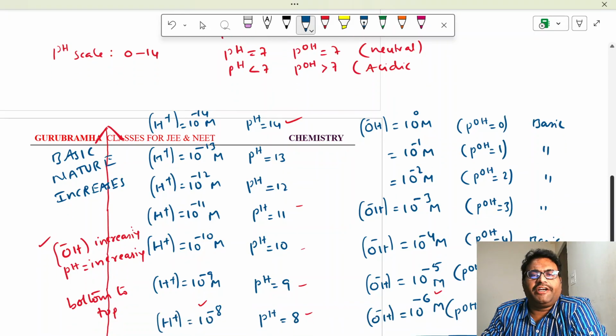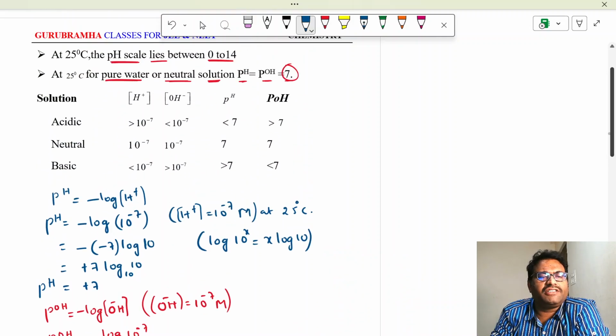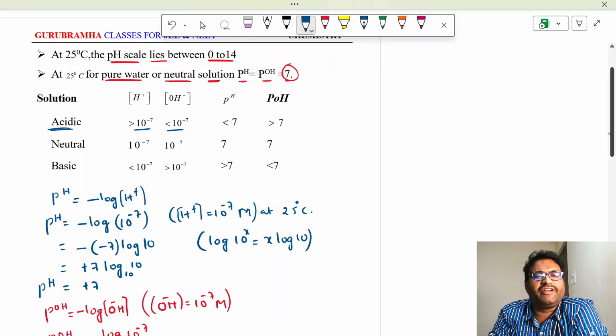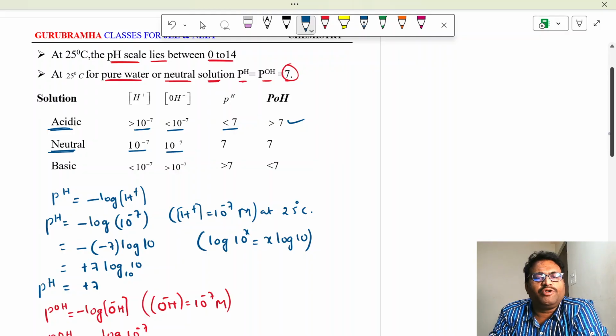So cumulatively this is represented here in this format. In acidic solution, H plus ion concentration is greater than 10 power minus 7 molar, OH minus ion concentration is less than 10 power minus 7, pH is less than 7, pOH is greater than 7. Neutral solution, H plus 10 power minus 7, OH minus 10 power minus 7, pH 7, pOH 7.